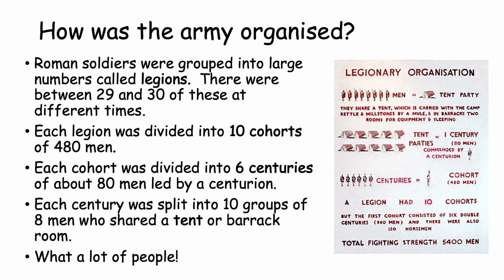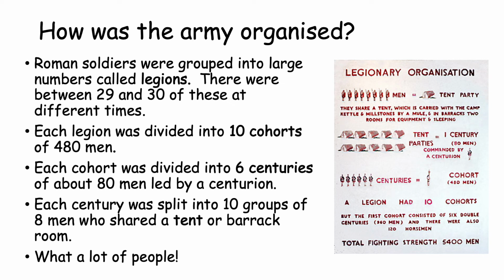Each cohort was then divided into 6 centuries of about 80 men, and they were led by a centurion. And then each century was split into 10 groups of 8 men who shared a tent or a barrack room. What a lot of people.